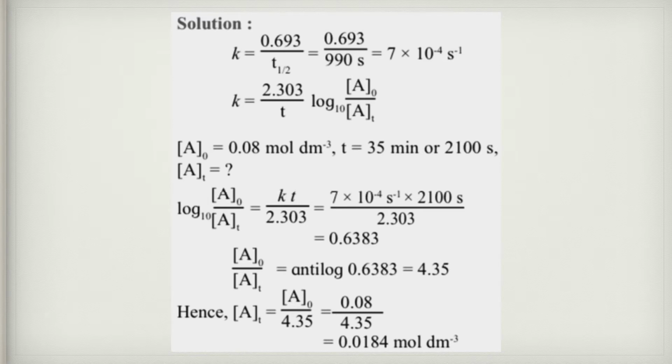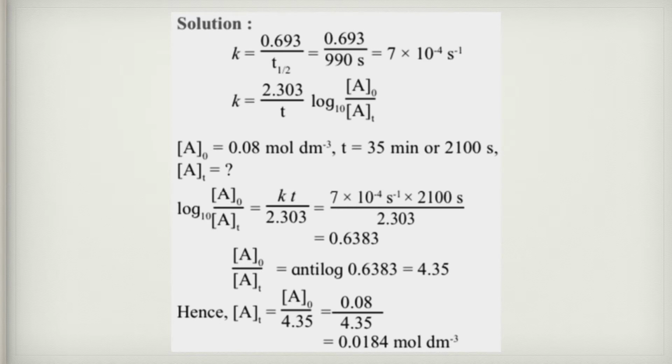A naught is given as 0.08 mole per dm cube. T is equal to 35 minutes. We'll convert it into second as the rate constant we have calculated is in second inverse. So 35 minutes multiplied by 60 will give me 2100 seconds.